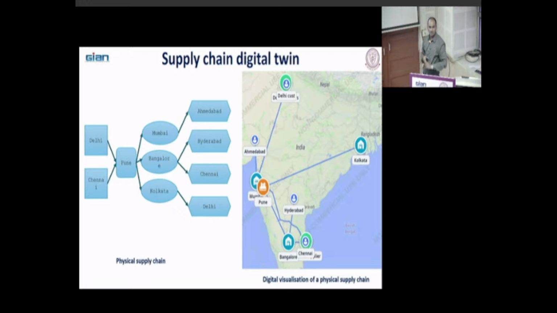Now if you want to connect it, or make it a digital twin kind of thing, in this AnyLogistix tool you have so many options to define the parameters. For example, for suppliers, you need to see what kind of products, raw material components that supplier supplies to the manufacturer, what is the lead time, what is the capacity of that supplier.